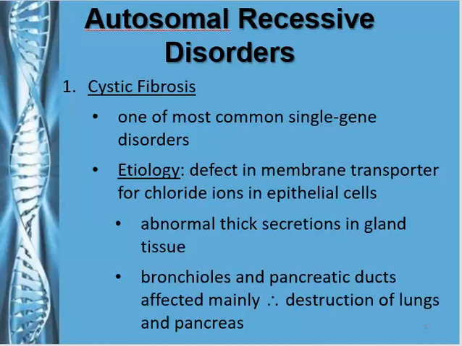Cystic fibrosis is a problem of transporting chloride atoms. So these people have problems with osmosis and sodium. Their tissue secretions are abnormally thick, and so it blocks bronchioles and pancreatic ducts primarily.